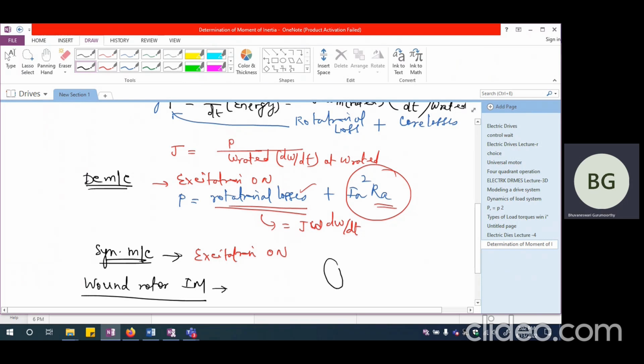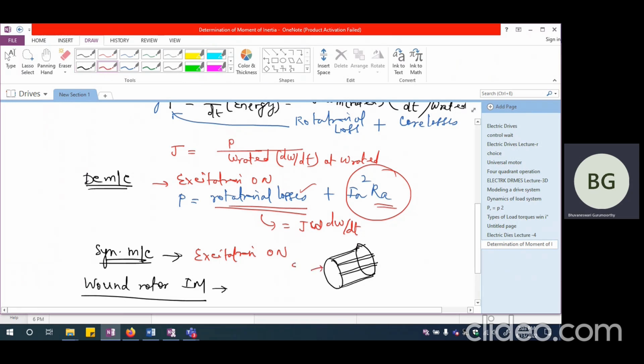So you are going to have two end rings which are short circuiting the rotor bars which are sitting here. These are the rotor bars which are actually carrying the rotor current. So this is the kind of structure you are going to have in the case of a squirrel cage induction machine.